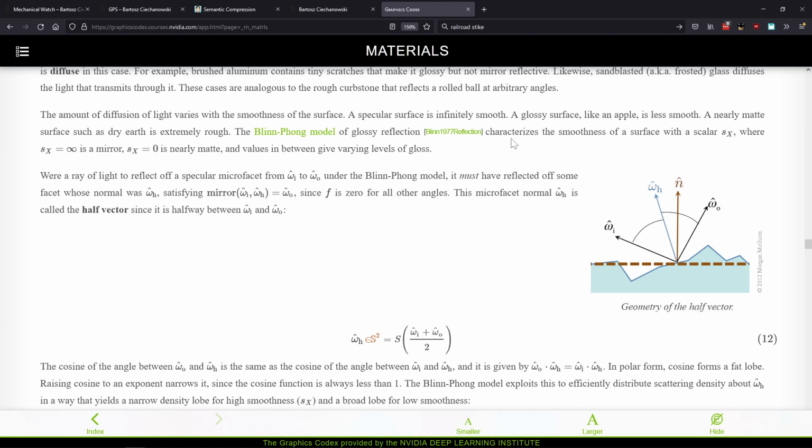They mentioned the half vector is halfway between the incoming and outgoing angle. And it assumes that if your outgoing vector is in a certain direction, the surface it would have bounced off of has the half vector as its normal.